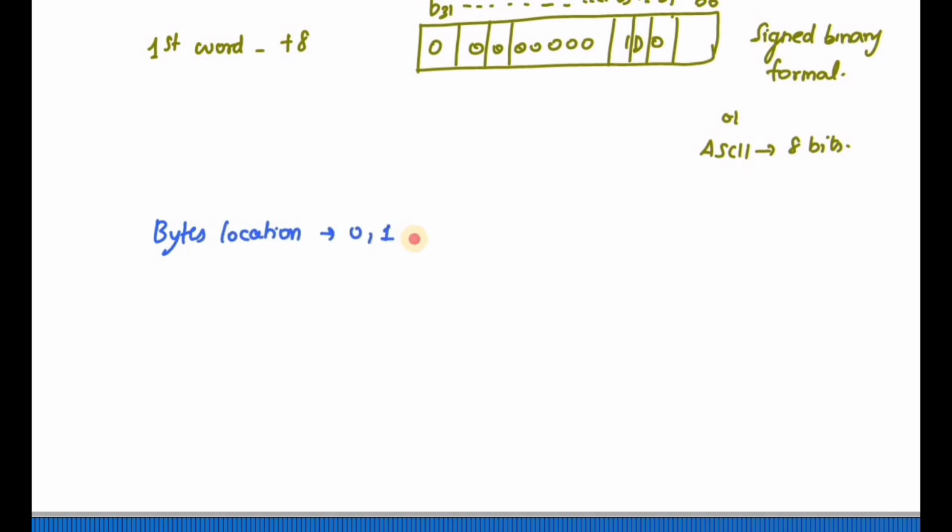So the byte locations 0, 1, 2 up to 2 power 32 minus 1 I have assigned. Usually we assign from left to right, starting from the left and ending at the right, in successive locations.